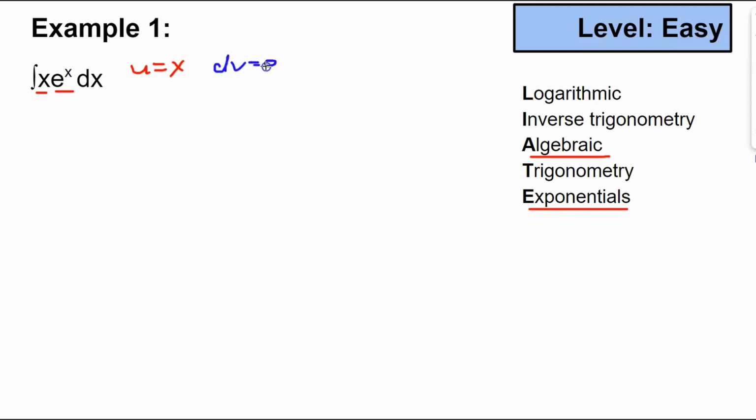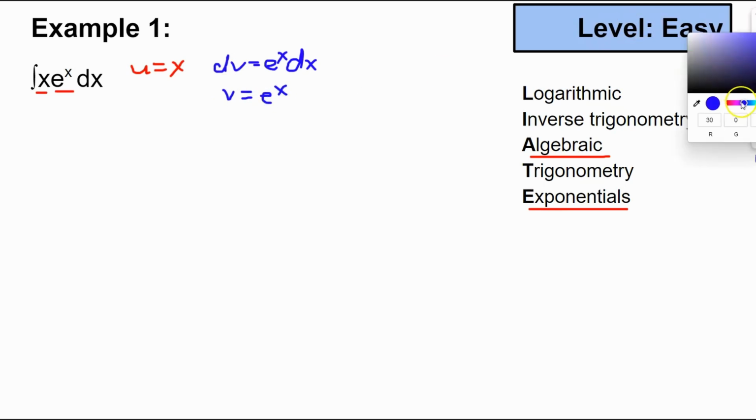So that becomes e to the power of x dx. Now, once you find u and dv, what you want to do is find their corresponding derivative or antiderivative. So for dv, its antiderivative v would just be e to the power of x. And for x, the derivative of u, du, is just 1.